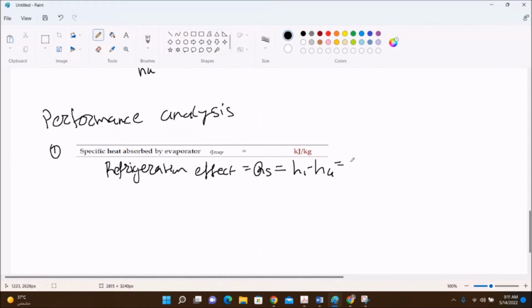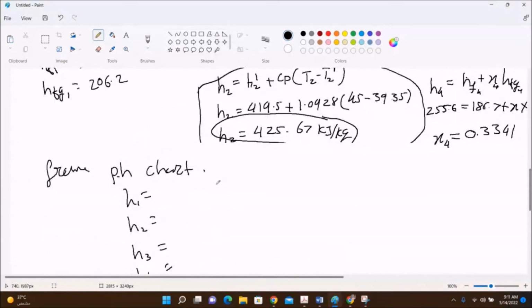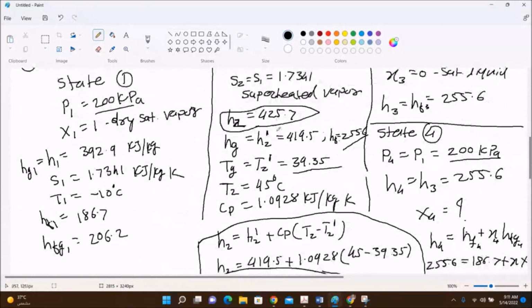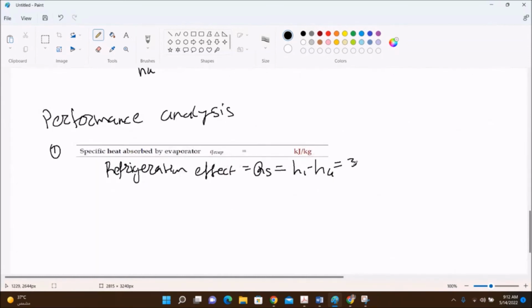We have H1, we have H2, H4, so you can use the values from the chart or you can use the values from here. Okay, so H1 minus H4. H1 is this and H4 is 256, so 392.9 minus 255.6, so you'll get that.